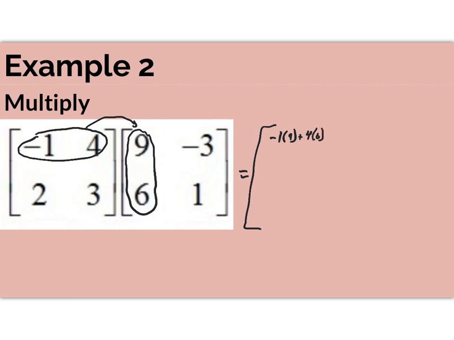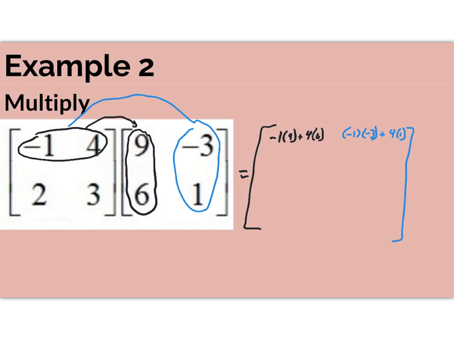Then we take this row again and multiply it to this whole column. So we're going to have at the top right element -1 times -3 plus 4 times -1.